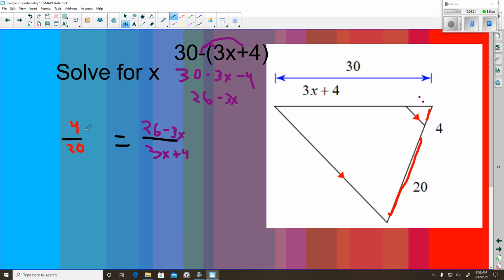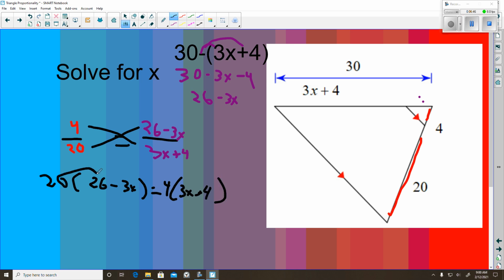Now we're going to do the same thing and cross multiply. What we get is 20 times (26 minus 3x) equals 4 times (3x plus 4). Now we're going to distribute on both sides.